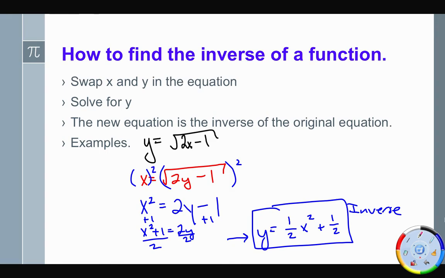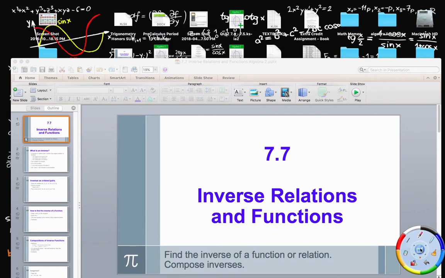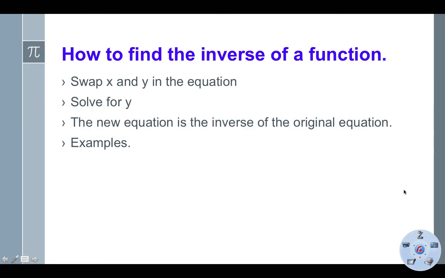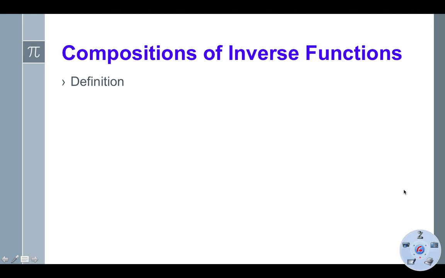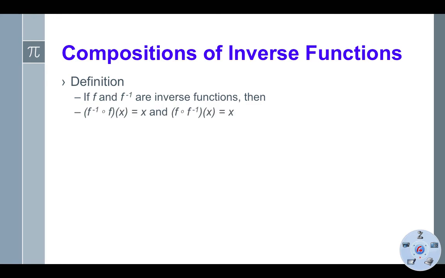All right. The final thing that we need to cover here is looking at the composition of two inverse functions. As a basic definition, if f and f inverse are inverse functions, then when we compose the two functions, when we say f inverse of f of x and f of f inverse of x, we remember that idea that inverses cancel each other out.